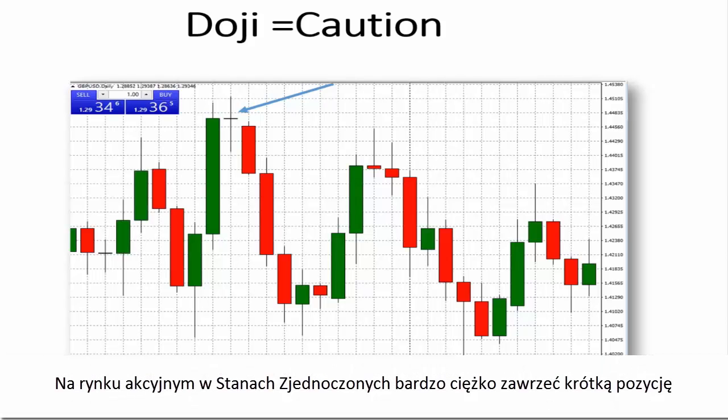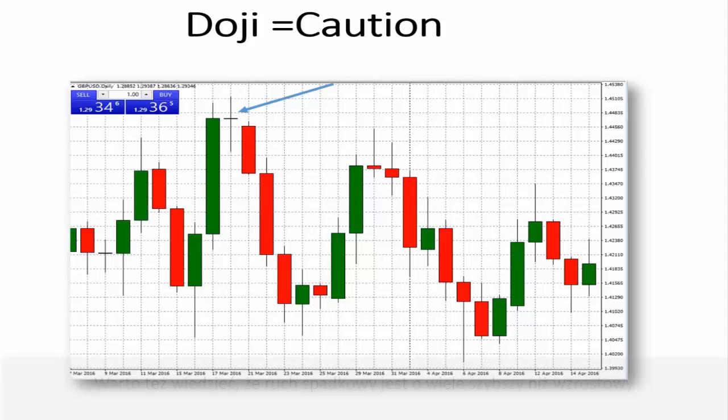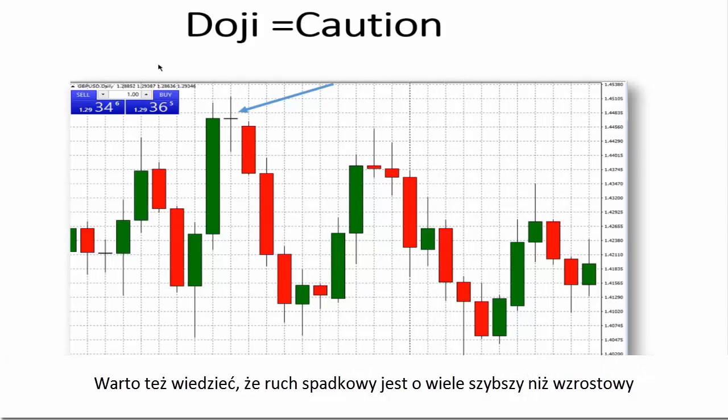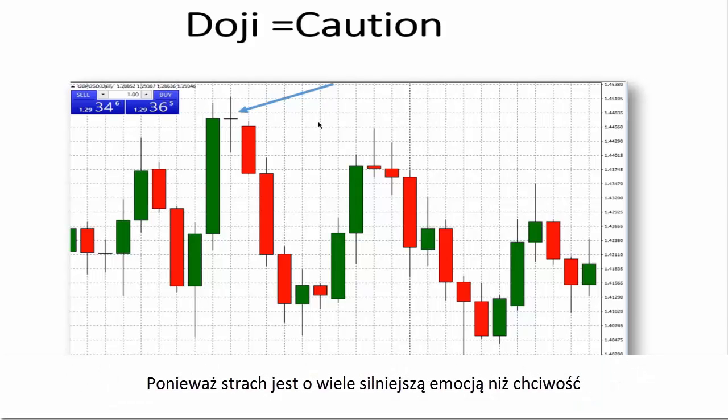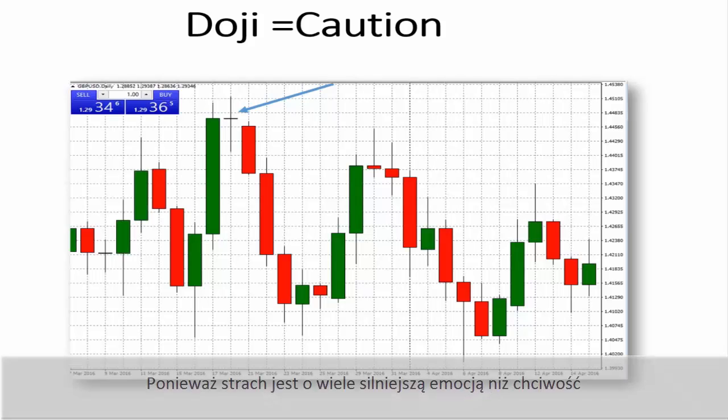In the equity markets, at least in the States, I'm not sure how it is overseas, it's very hard to do a short trade in stocks. And what's great about bear moves, a lot of times they will move faster than a bull move, because fear is a much stronger emotion than greed.